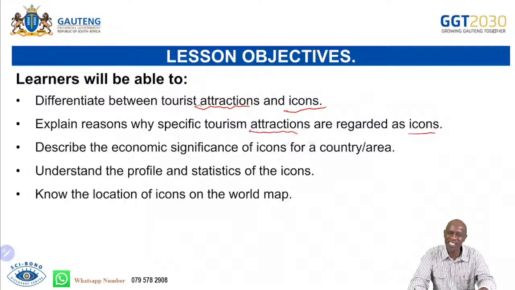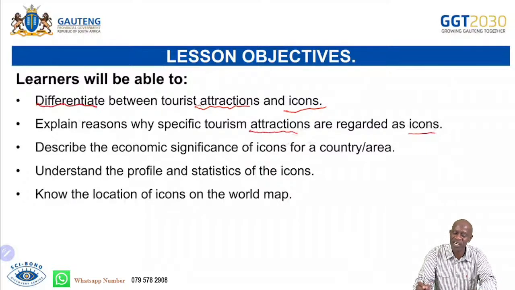By the mere fact that they attract tourists, they are regarded as icons. But not every single attraction that you come across is an icon. We'll see when we differentiate an icon from an attraction.